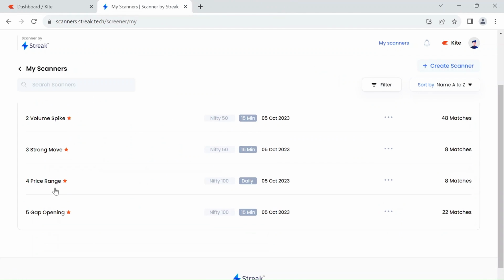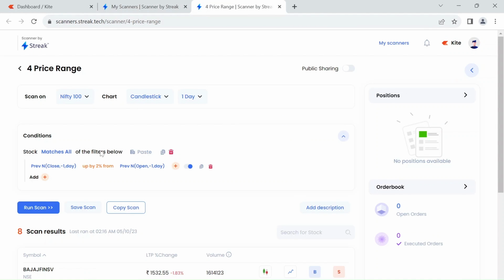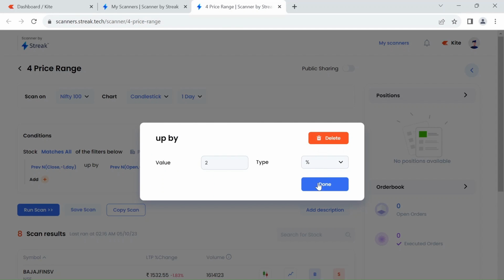All right, and the fourth one is price range. So what I'm checking here is previous day's close is up by 2% from previous day's open. So there is a 2% movement that went upwards in yesterday's trading session. That means you can actually make it down as well.